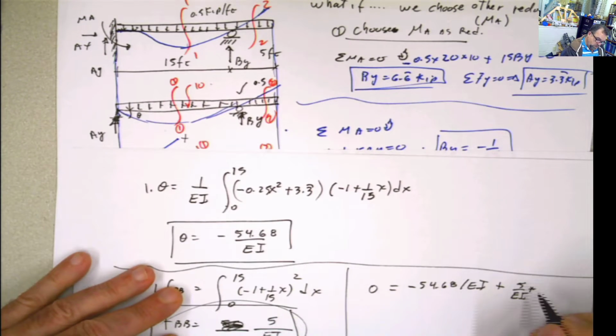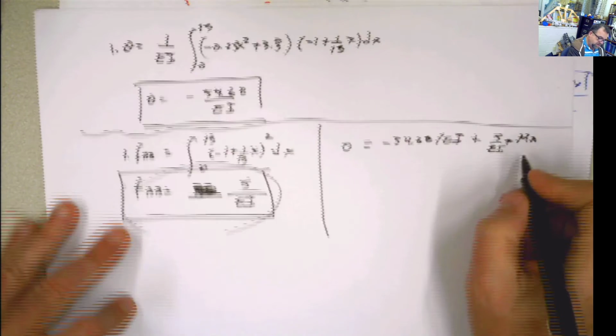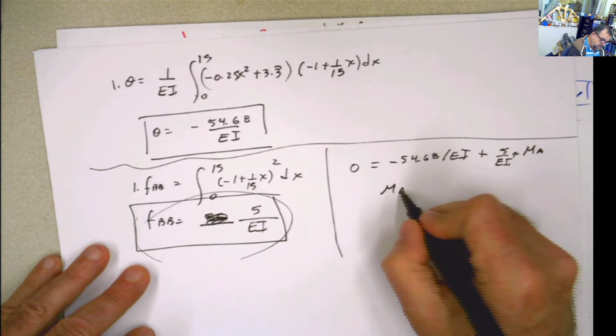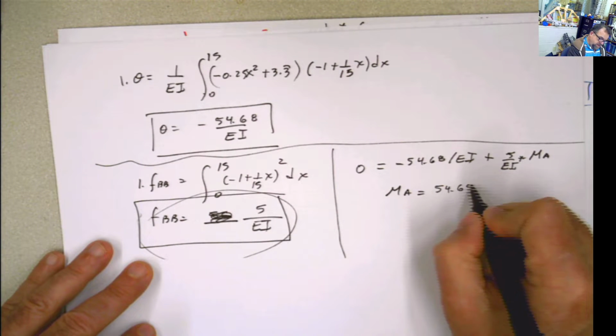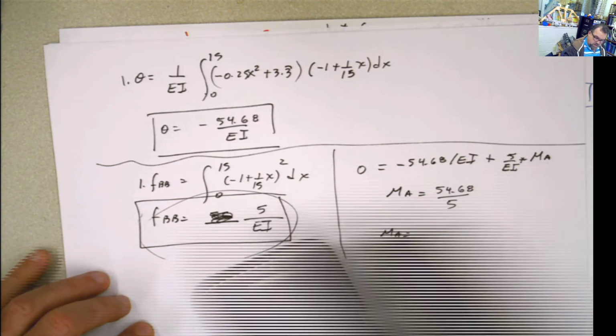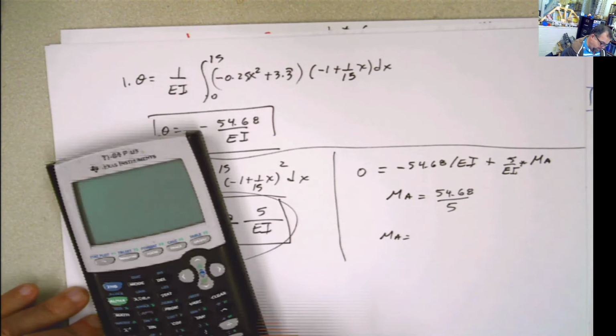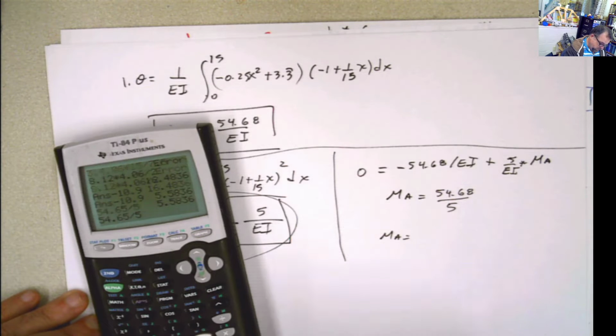Now we are multiplying this by the moment at A. And once we have that, we can say that our moment at A is 54.68 divided by 5, which is going to be equal to 10.93.